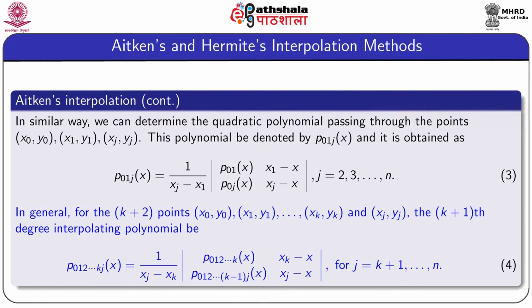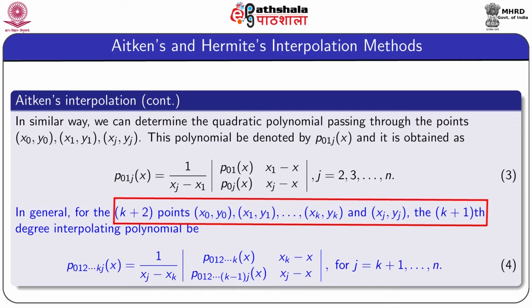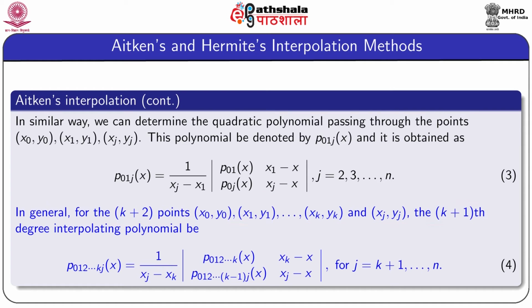In general, for k plus 2 points x0 y0, x1 y1 up to xk yk and xj yj, that means the first k plus 1 points are fixed and the last point xj yj is variable. For these k plus 2 points, we obtain the degree k plus 1 polynomial, which is given by p012...kj(x) equal to 1 by (xj minus xk) into a determinant of order 2.